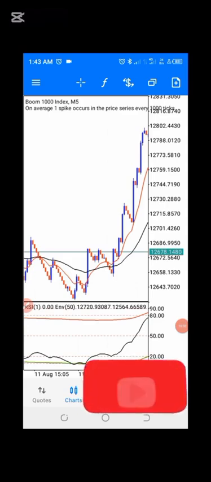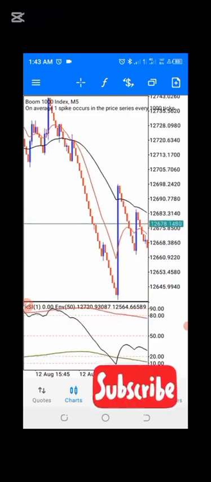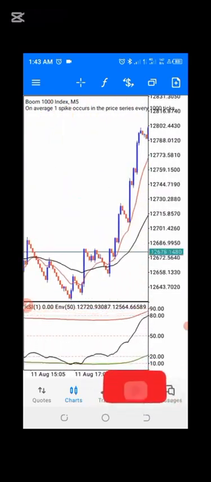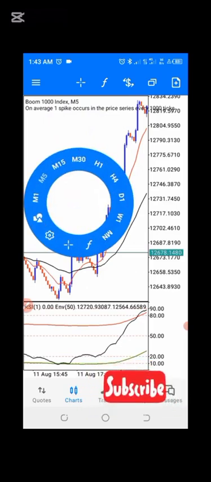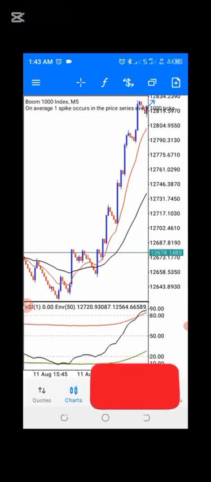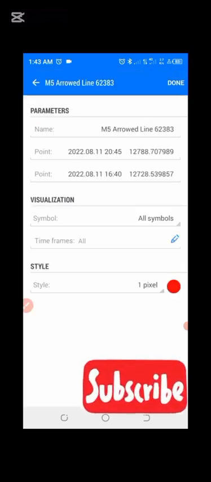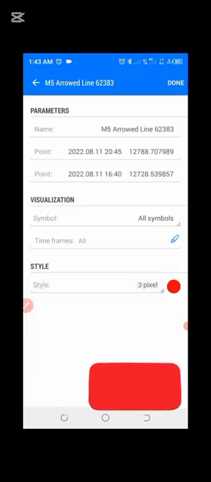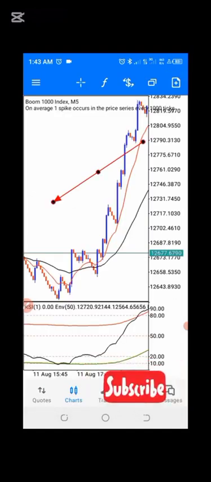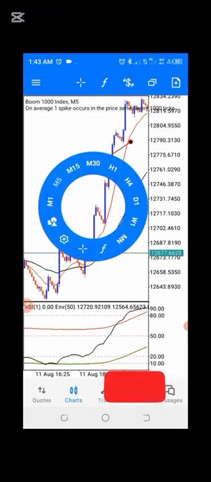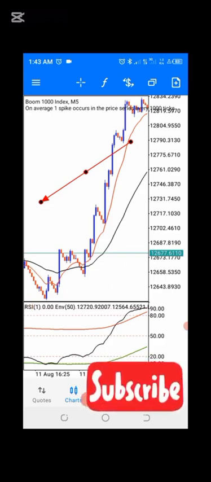So now the confirmation we'll look out for is this. There are two confirmations we'll look out for. The first confirmation we'll look out for is on our indicator window.